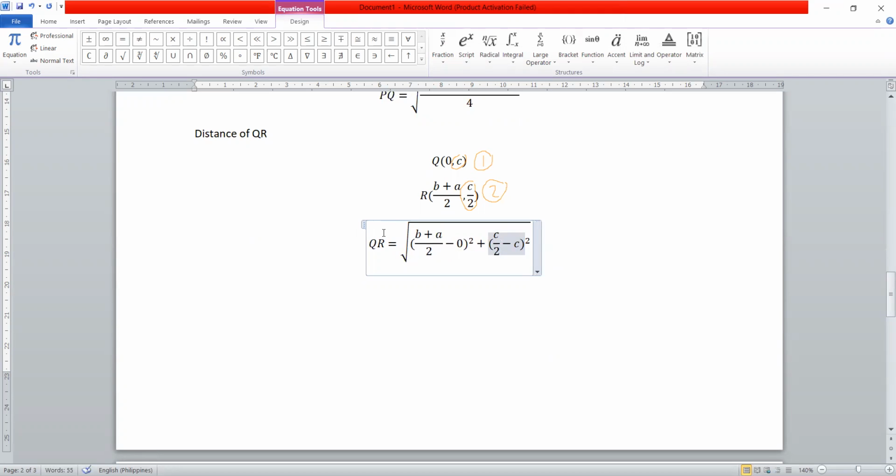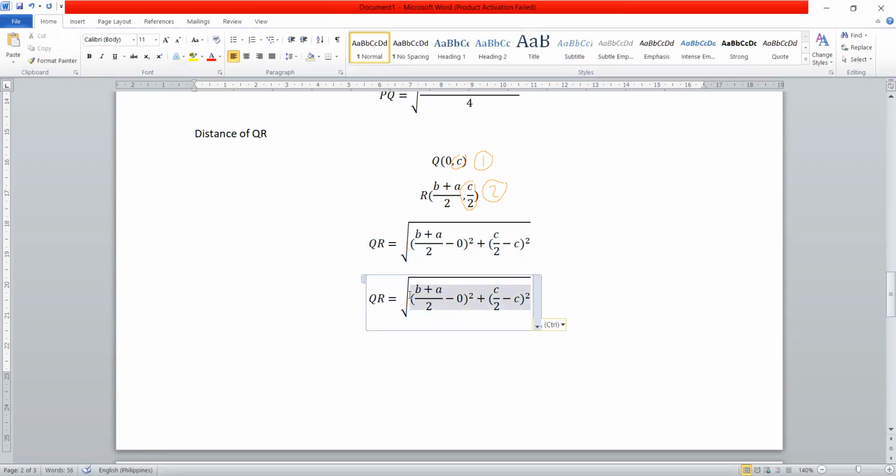So simplifying this further again, you can just write this as b plus a over 2 and remove 0 squared. And this one, you'll have to simplify it again. This will become c over 2 minus c, so that's c minus 2c over 2.